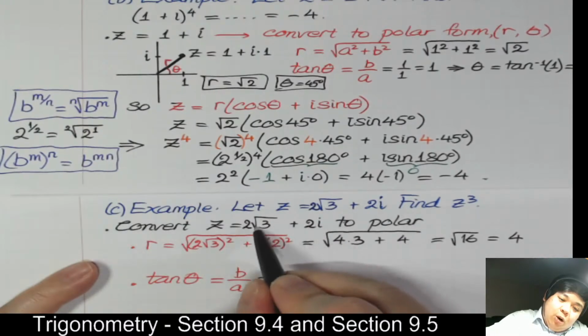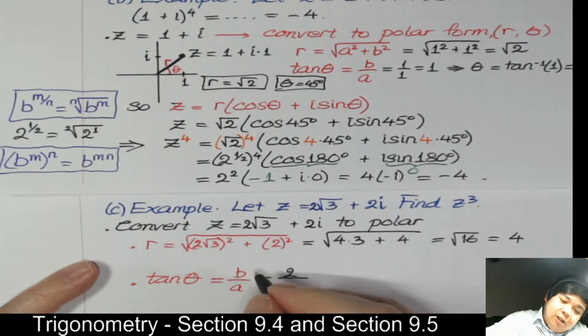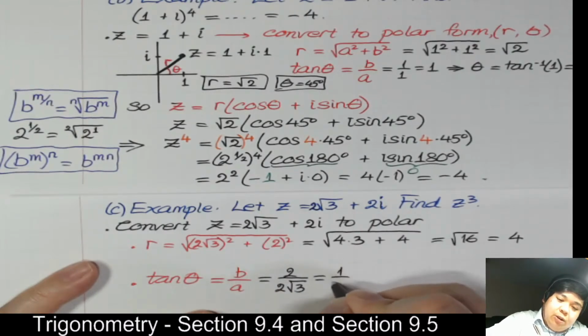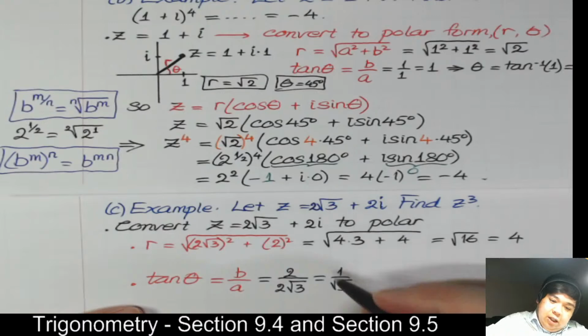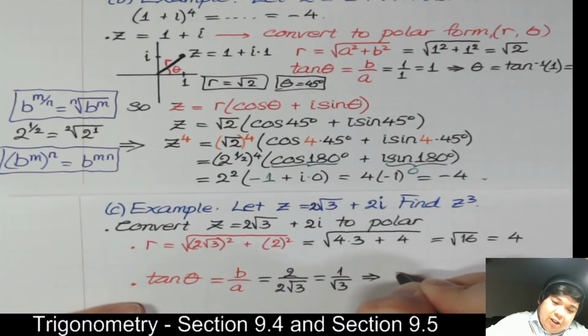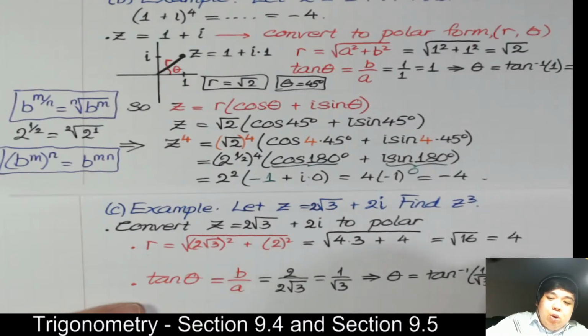Cancel the 2, and we have that. So when we find theta, it is tangent inverse of 1 over square root of 3. If you put this in the calculator, it will be 30 degrees.